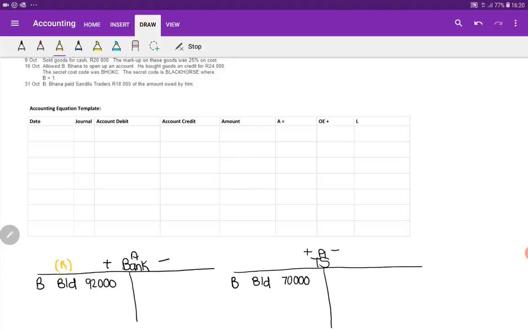If the business makes a payment, then bank is always credited. If I look at trading stock, if the business bought trading stock, our assets will increase, trading stock will always be debited. If trading stock is sold, it means our assets will decrease. Trading stock is always credited.